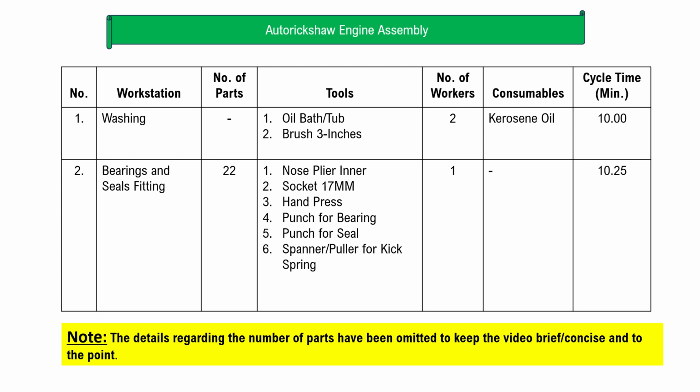Number of workers required is 1, and the estimated cycle time is 10.25 minutes. We are omitting the details regarding number of parts to keep the video brief and to the point.